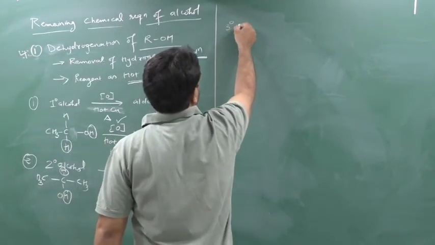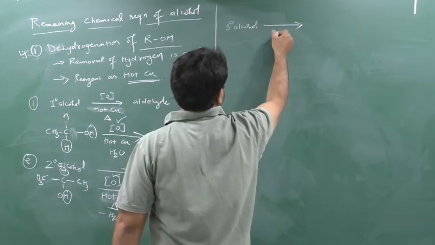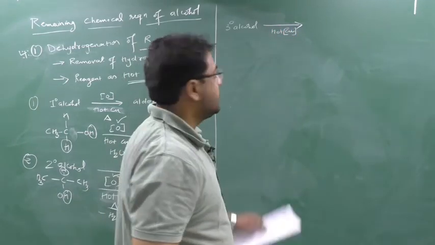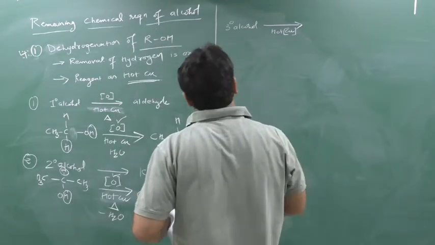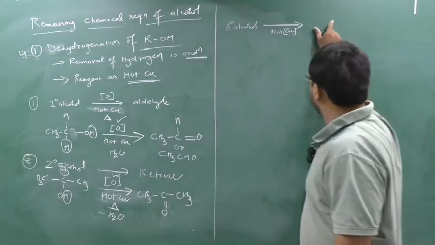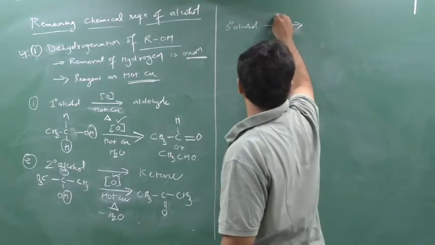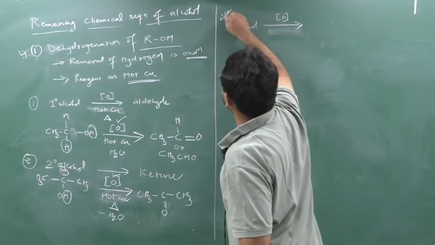So in 3 degree alcohol, what was happening? When you use hot copper, oxidation will not occur, I know, but instead it will generate another compound here. See, if I do oxidation here, students, understand this logic. This is very, very important, and in short you have to mug it up.